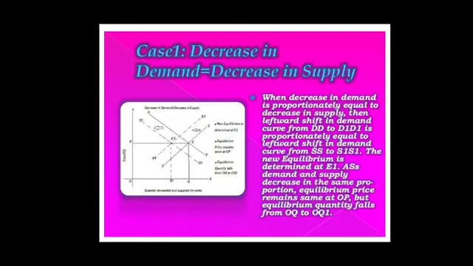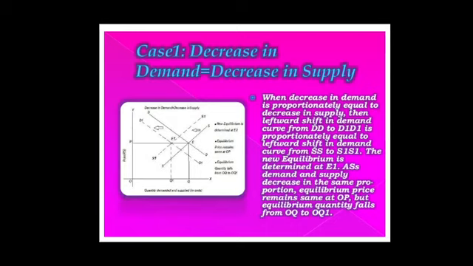Here in this figure, original equilibrium position is at point E, where initial demand curve DD and supply curve SS intersect each other. And at point E, equilibrium price is OP and equilibrium quantity is OQ. In case of decrease in demand and supply, the demand curve shifts leftwards from DD to D1 and supply curve also shifts leftwards from SS to S1.